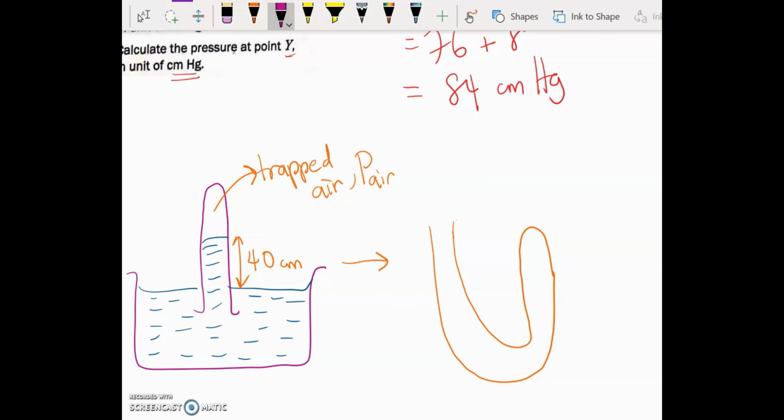Okay, so let's say this is mercury. Here the open end is exposed to atmospheric pressure, and here is the trapped air.